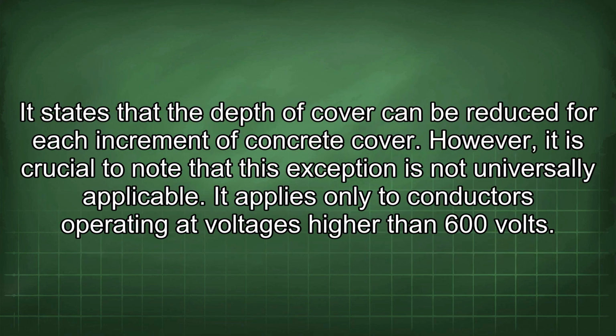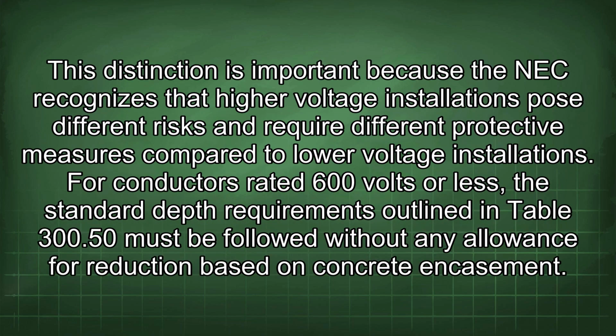It states that the depth of cover can be reduced for each increment of concrete cover. However, it is crucial to note that this exception is not universally applicable. It applies only to conductors operating at voltages higher than 600 volts. This distinction is important because the NEC recognizes that higher voltage installations pose different risks and require different protective measures compared to lower voltage installations.